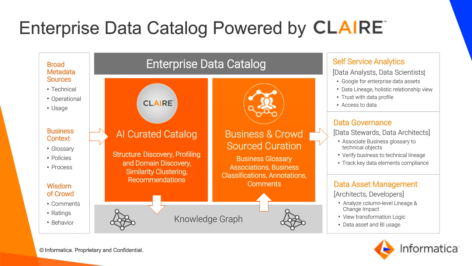So that's one of the things that the AI engine can do. And of course, business users get all of the data from the knowledge graph, and the business glossary associations and all of those can then be curated inside the data catalog.